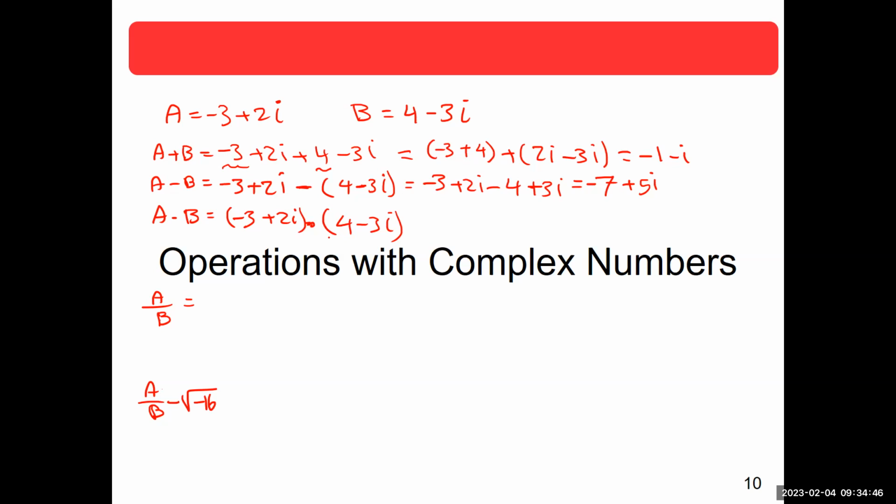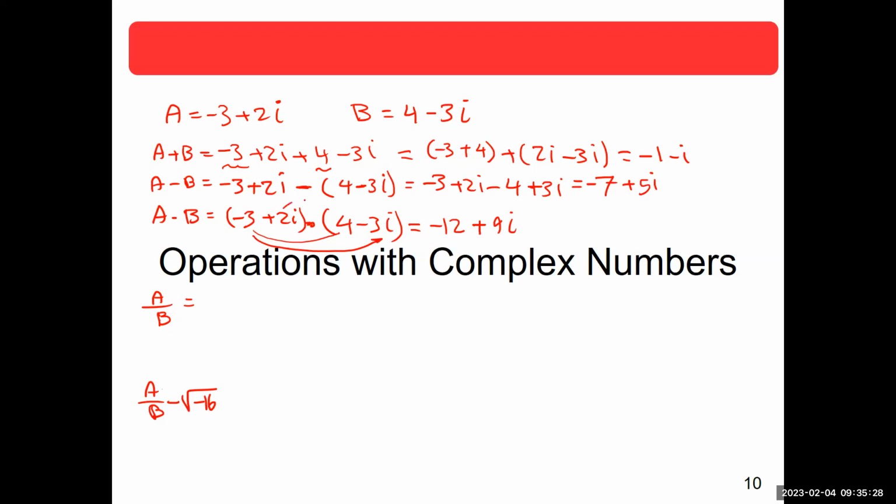We can do that, no problem. So multiplication is okay, remember that. So we're going to say -3 times 4, that will give us -12. Now, -3 times -3i is going to be plus 9i. See that? Negative 3 times 4 is negative 12. Negative 3 times negative 3i is positive 9i.